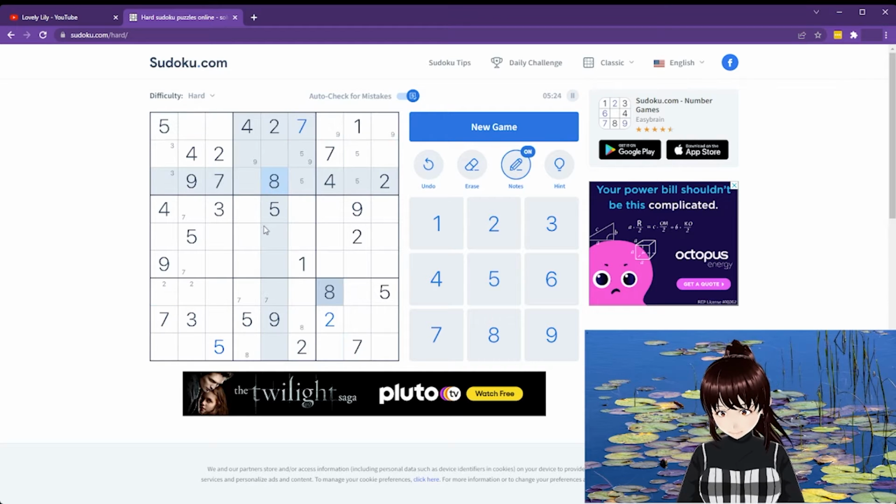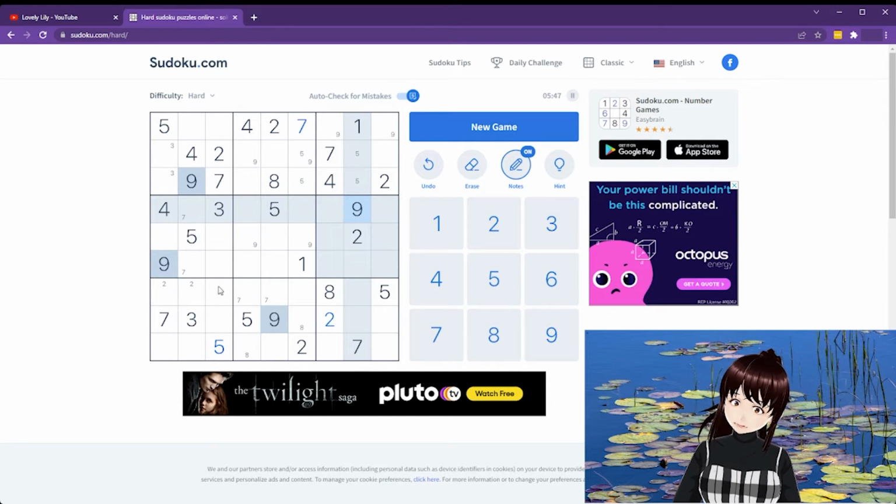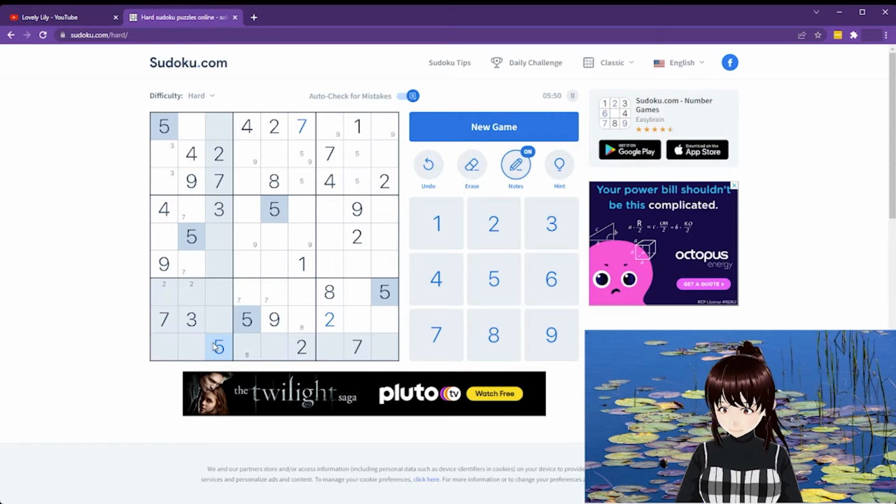How about 8s? So, no. How about 9s? Yeah, right here. 9, 9. And, okay. So now we got this 5 here. What else did that clear up, if anything?